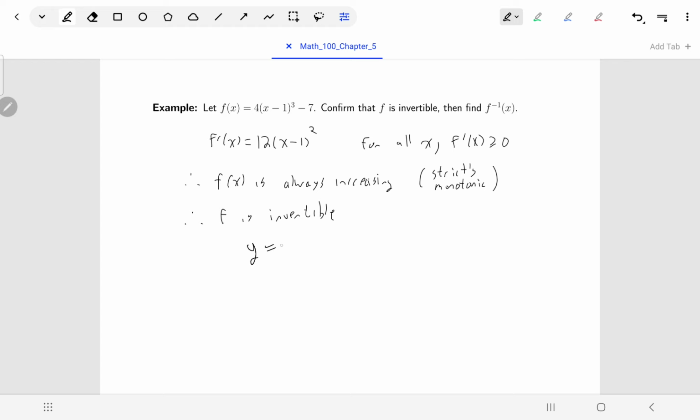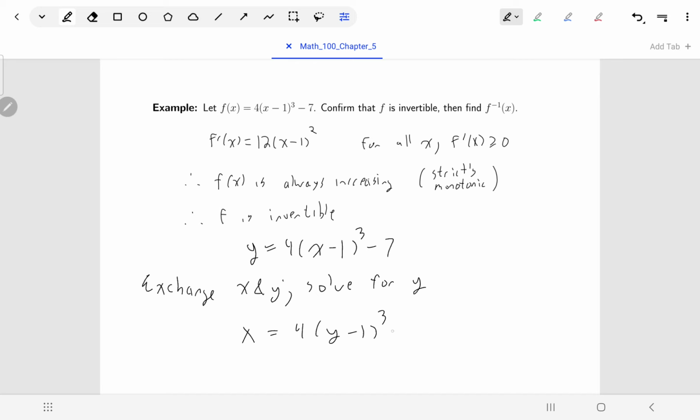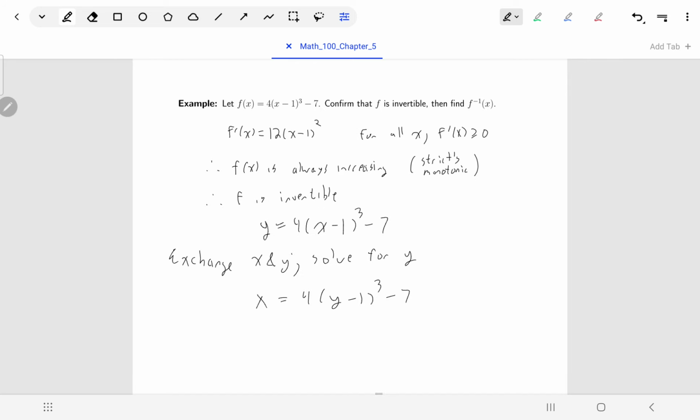And so now to find f inverse, easy enough for us to do, we're first going to rewrite our function as y equals. And then we exchange the x's and the y's and solve for y. So I have x is equal to (4y minus 1) cubed minus 7. And then the only thing left for me to do is just solve for y.